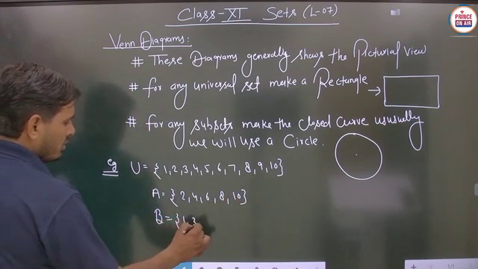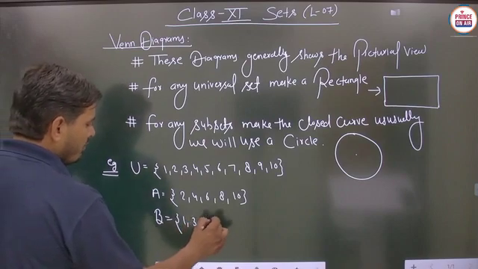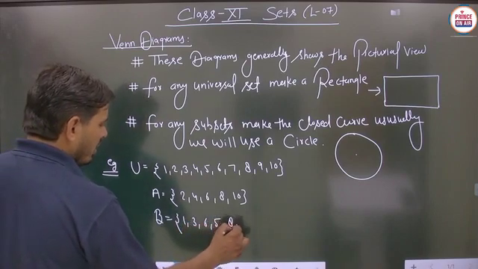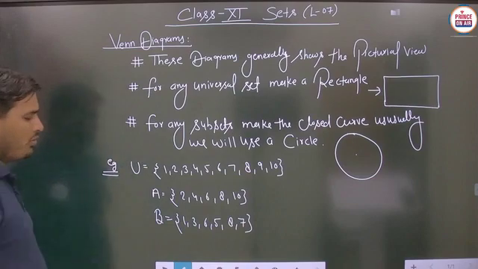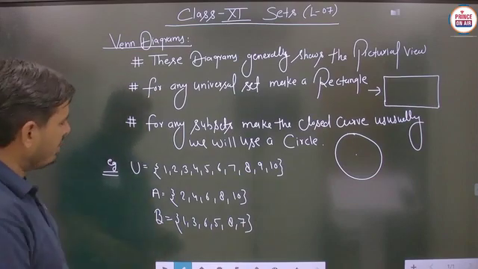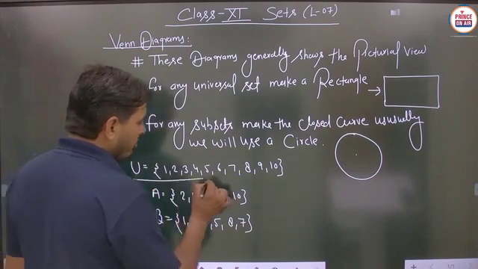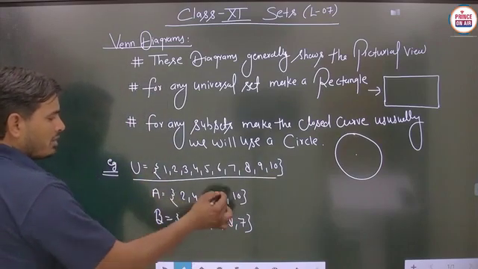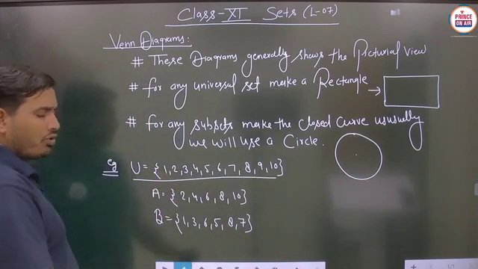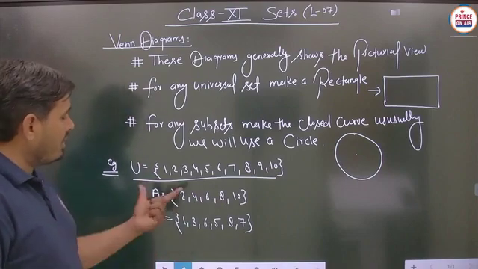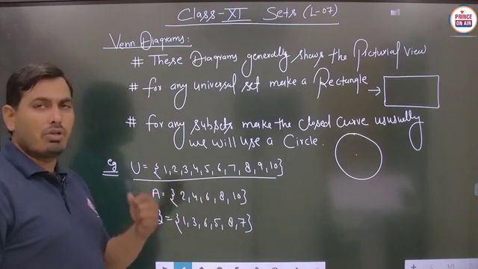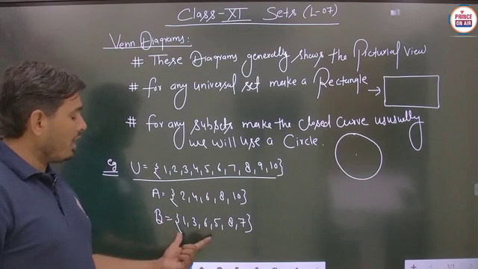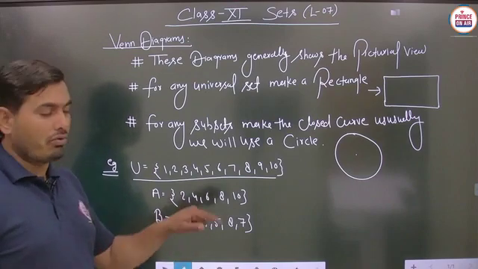Suppose 1, 3, 6, 5, 8, 7. First of all we have to check this example. Students, this will be taken as the universal set, and you can check here whether these elements are coming from the universal set or not. So basically the elements of set A belong to the universal set, as well as the elements of set B also belong to the universal set.